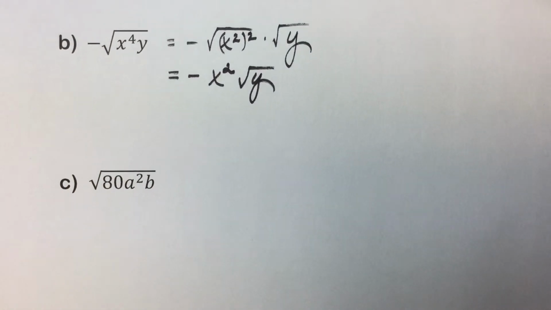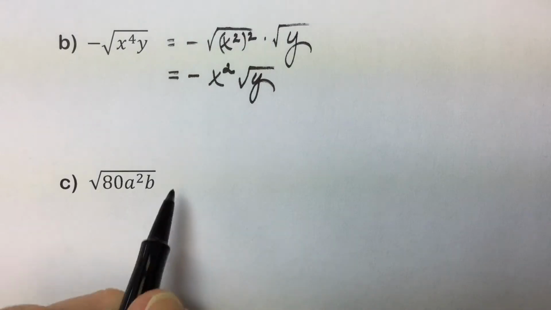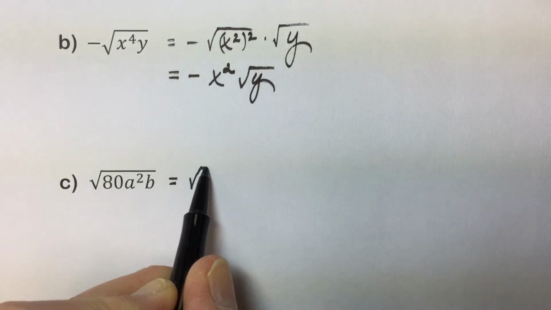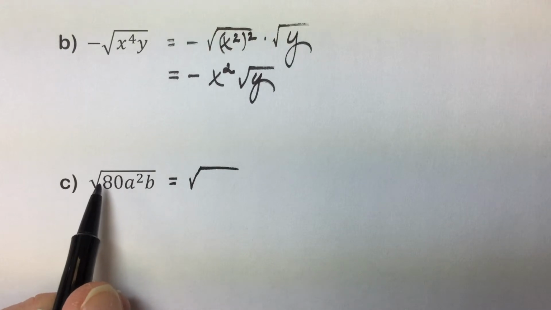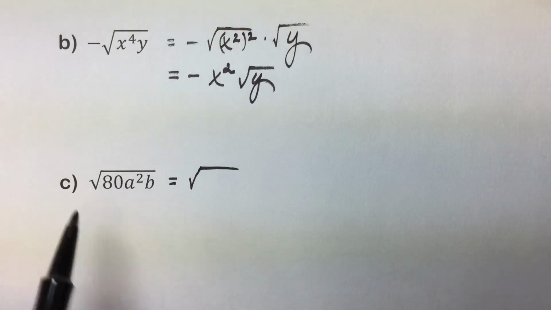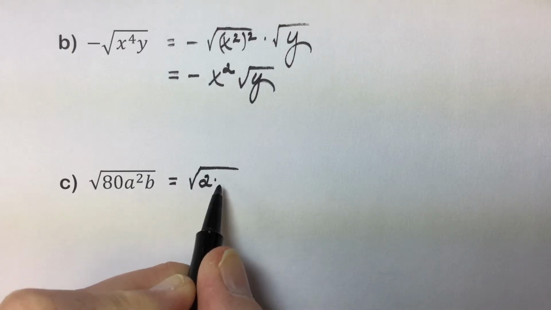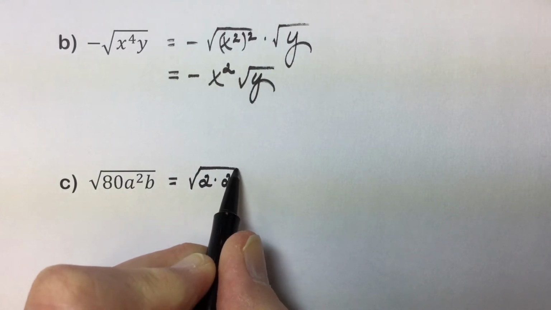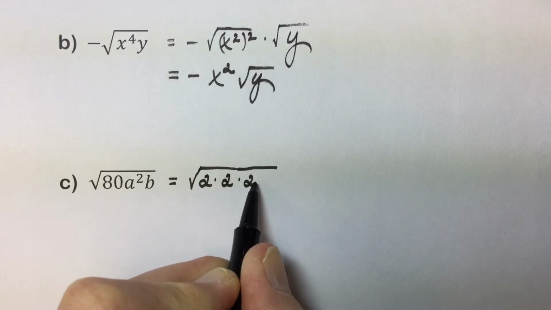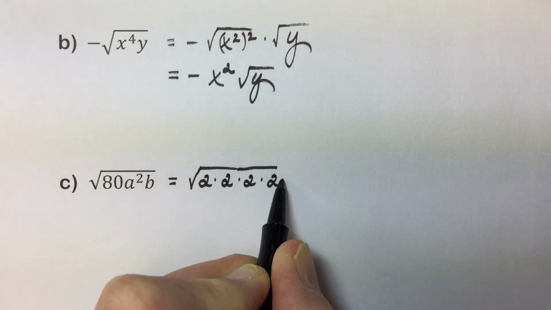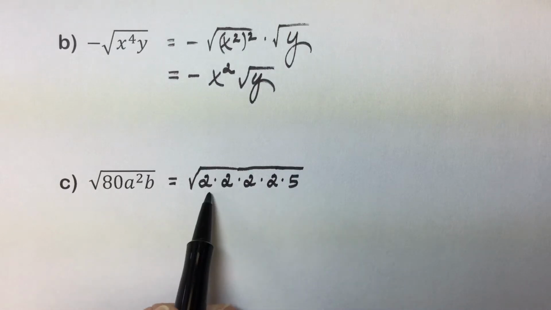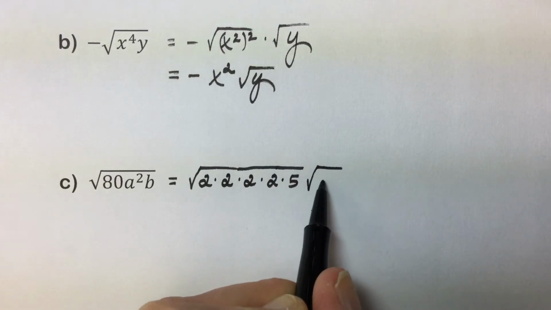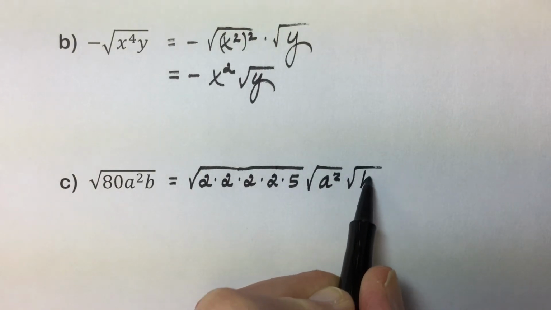One more example here, the square root of 80a squared b. If we use that reverse on our product rule, we can break this down into the square root of 80, and if we do our prime factorization of 80, which is 2 times 40, 40 is 2 times 20, 20 is 2 times 10, and 10 is 2 times 5, it will help us find our squares in that number, times the square root of a squared times the square root of b.